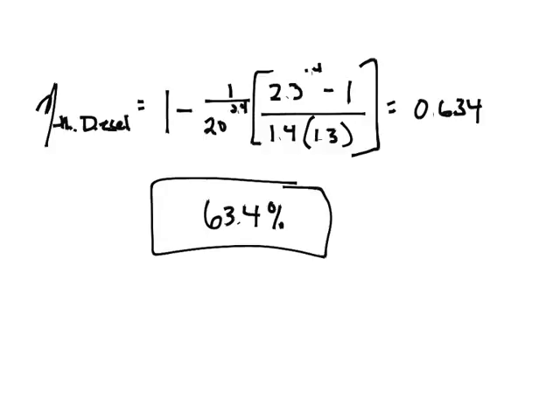Just a reminder, the thermal efficiency always has to be between 0 and 1. This is true for all of your cycles, and you can express that as a percentage by multiplying it by 100%.